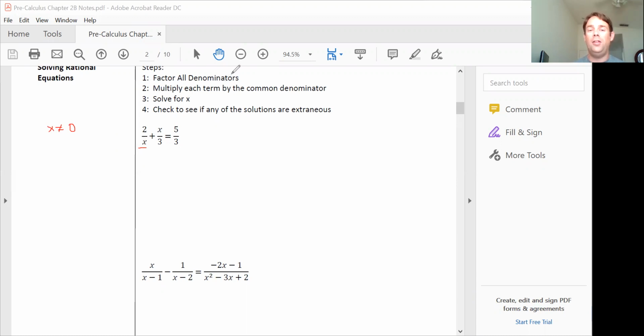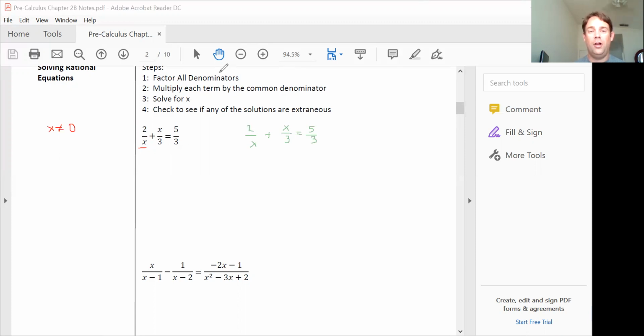And I'm going to multiply each term by the common denominator. So if my equation is 2 over x plus x over 3 equals 5 over 3, I'm going to multiply every fraction by the common denominator.